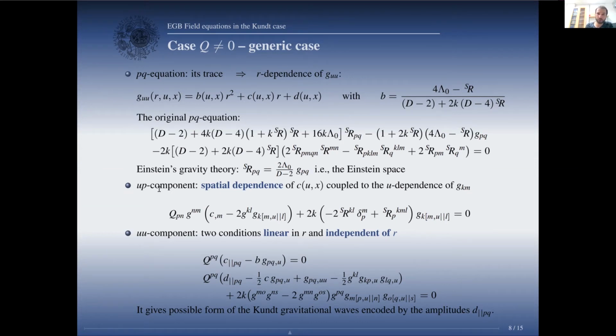The UP component gives the spatial dependence of this linear coefficient in the g_u function, and the UU component, as I said, restricts the spatial dependence of the remaining coefficients in g_u. Classically in GR, it corresponds to the amplitudes of Coulomb gravitational waves.